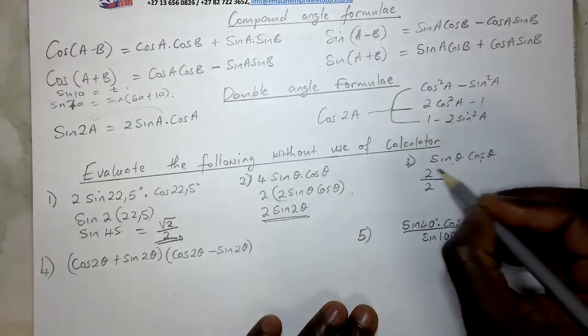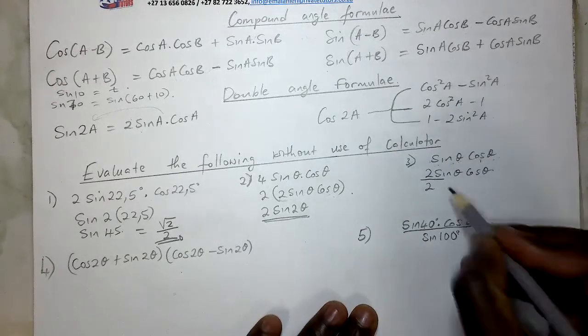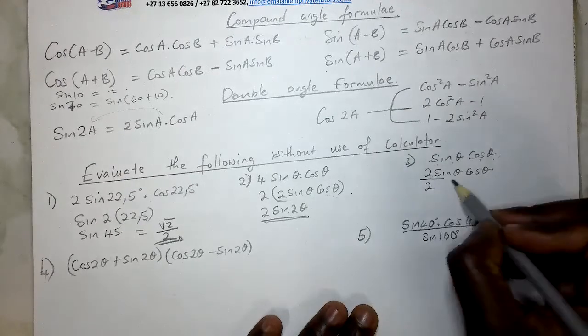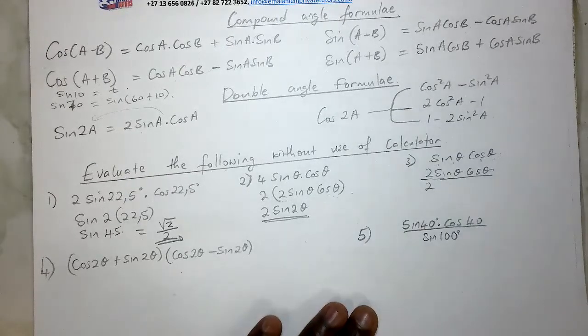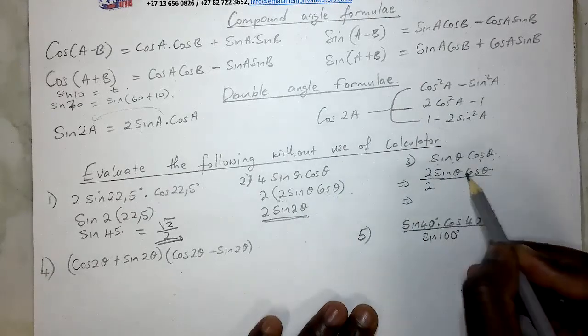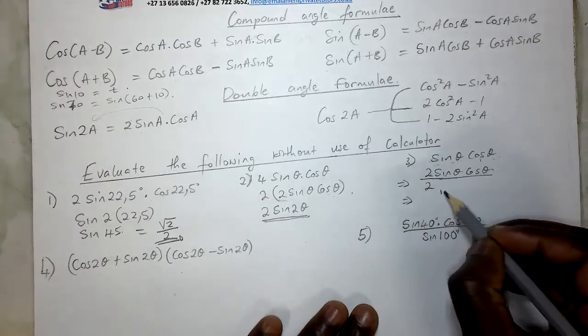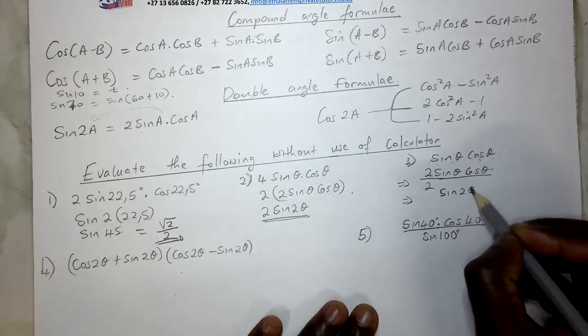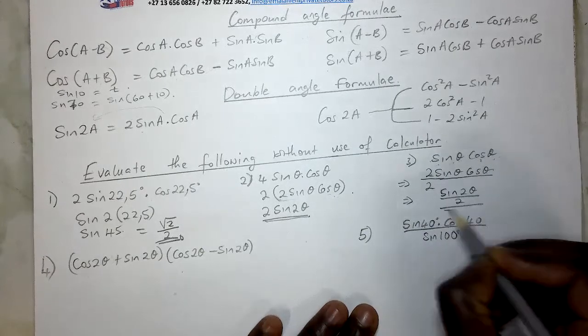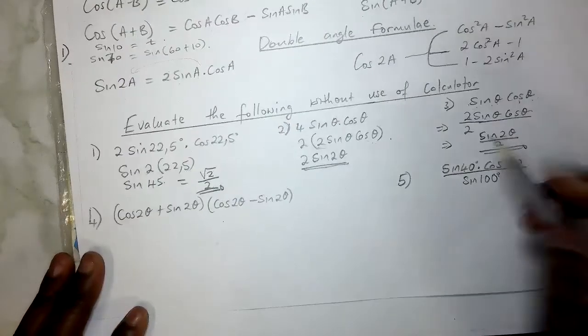So we have 2 sine theta cos theta over 2. Now we know 2 sine theta cos theta is sine 2 theta, so it's going to be sine 2 theta over 2. That's our answer there. So can we see what we need to do when modifying? You're doing what we call modification, to suit what we want. To suit what we want, this is just more like 1.